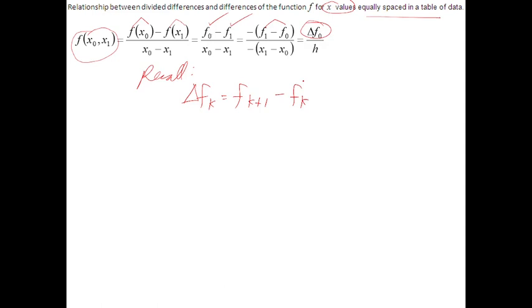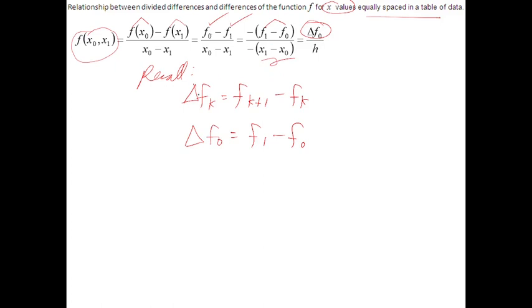So if k is 0, that is f sub 1 minus f sub 0. That's why f1 minus f0 is delta f0.